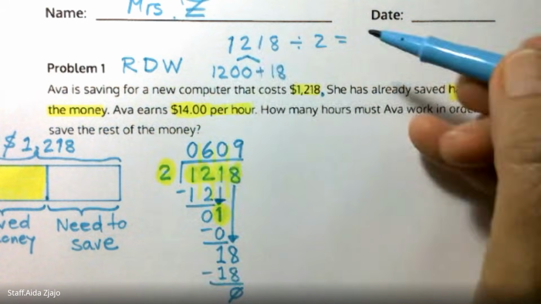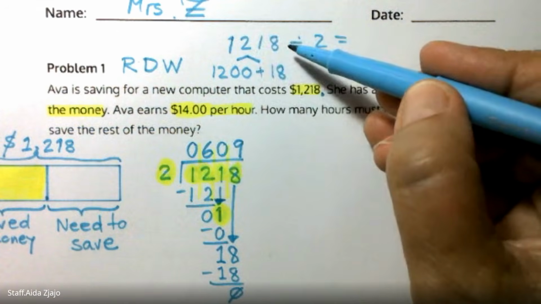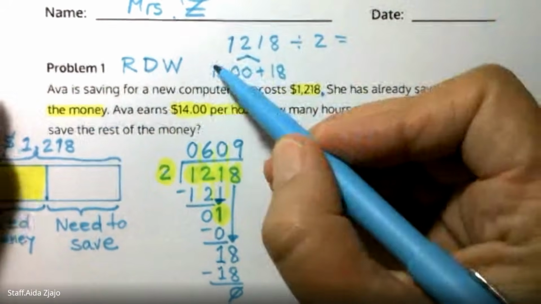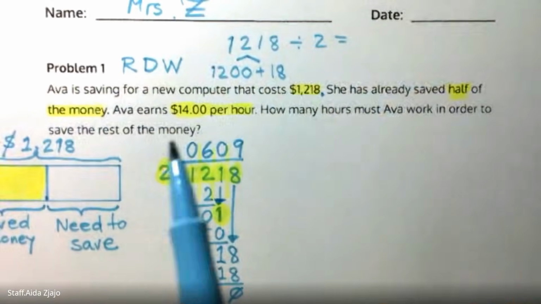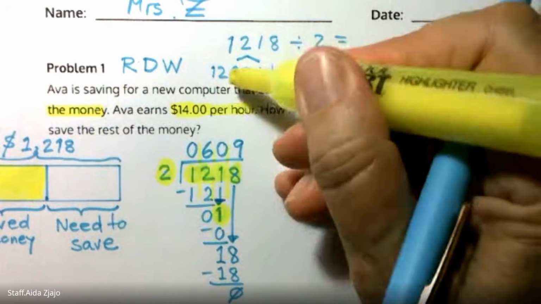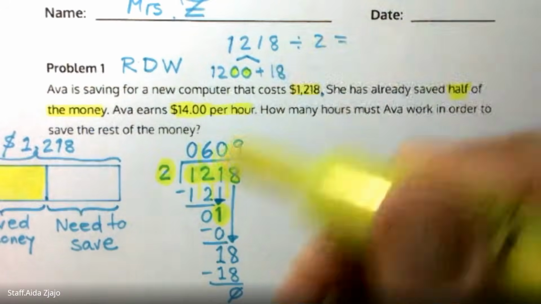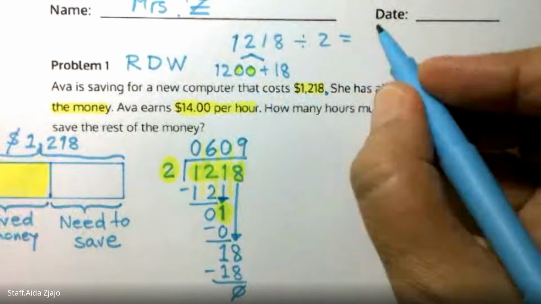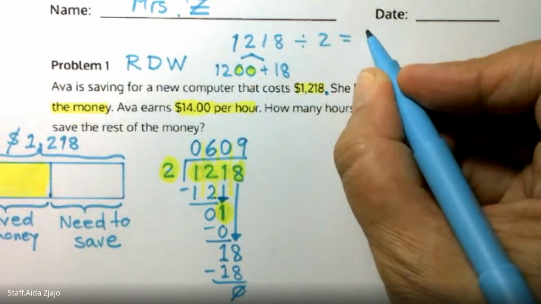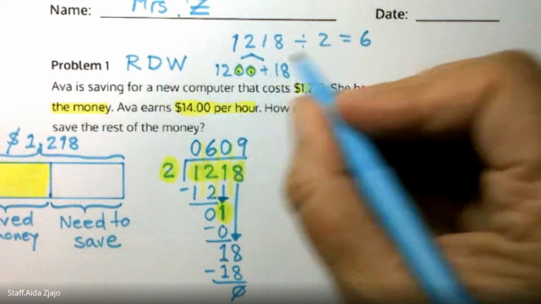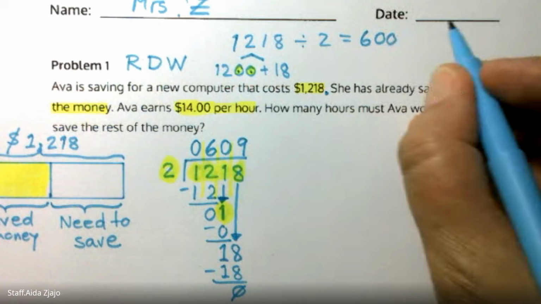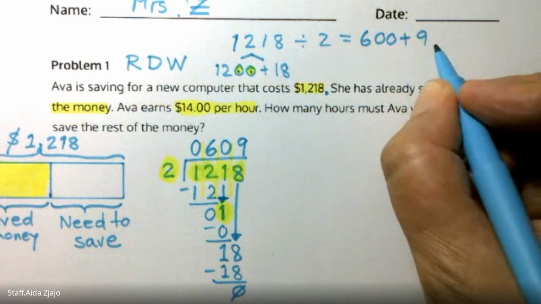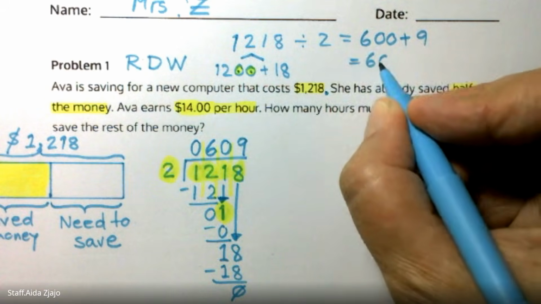Altogether that's 1,218. 12 hundreds divided by 2 is 6 hundreds, so 600, and then 18 divided by 2 is 9, so altogether it is 609.